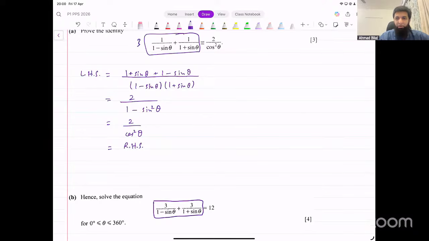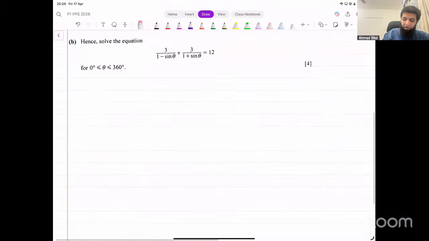The numerator is multiplied by 3 here. So if we multiply by 3 on the left side of this identity, the right side would also be multiplied by 3. So we get 2 into 3, that is 6 over cos square theta. So this equation that we have, we could write as 6 over cos square theta equal to 12.